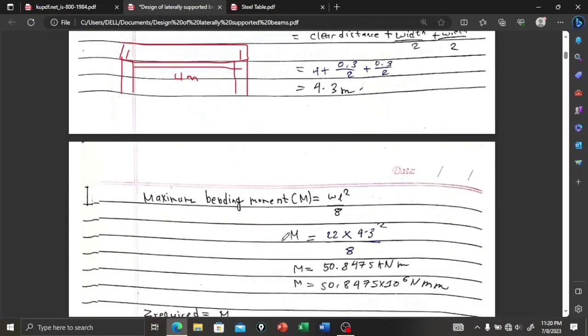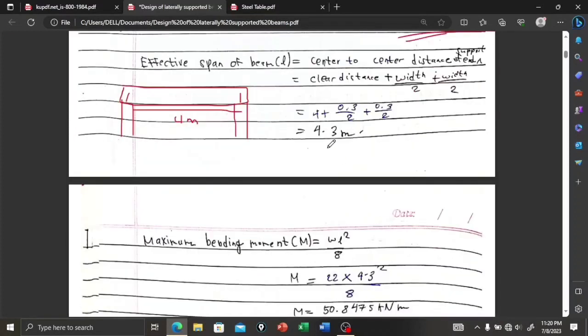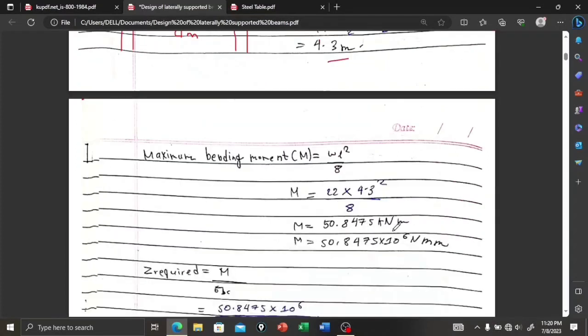Maximum bending moment is WL square by 8. W is 22 and length is 4.3 square by 8, that is 50.8475 kilonewton meter.